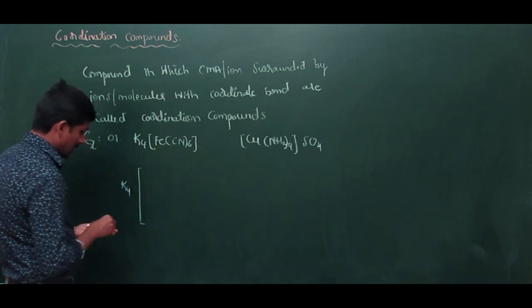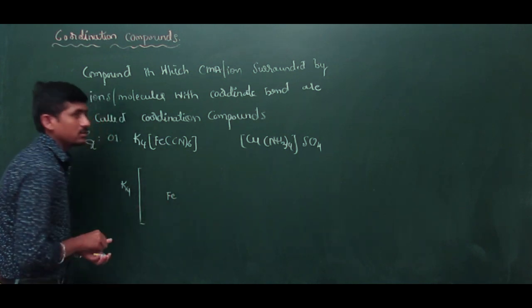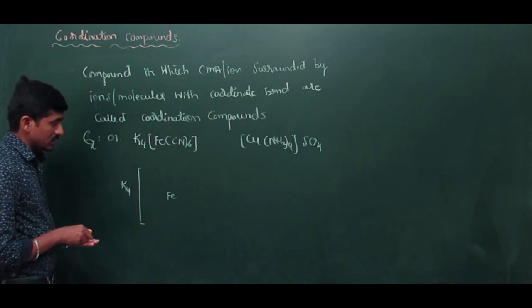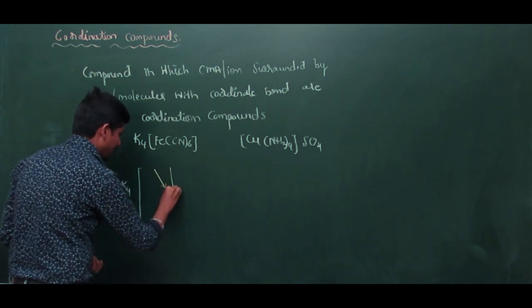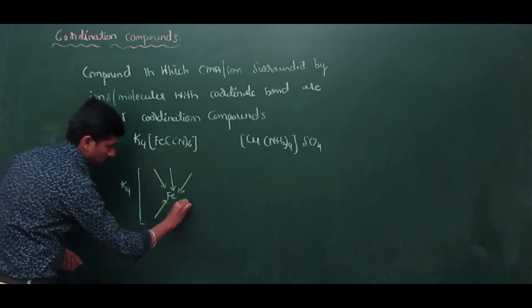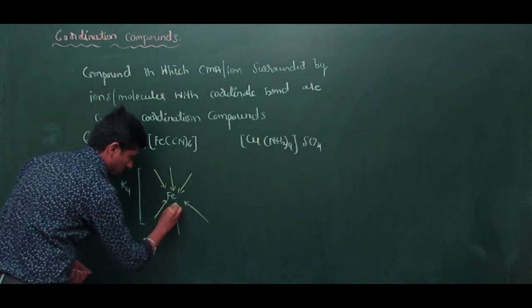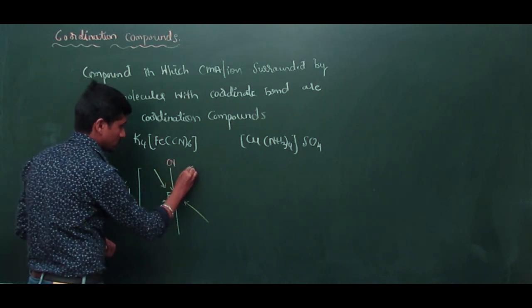The central metal atom is Fe, and this iron atom is surrounded by 6 cyanido ligands.